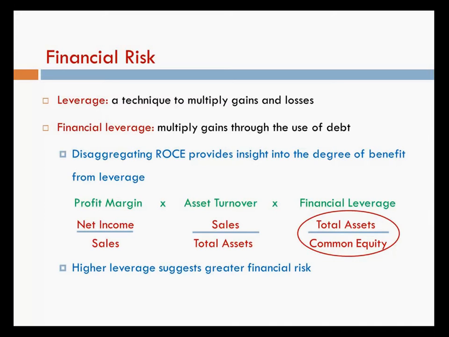That's operating leverage. We're talking more about financial leverage here, which is the use of debt in addition to shareholder equity. We disaggregated the ROCE, and we see financial leverage as one of the three components of ROCE.